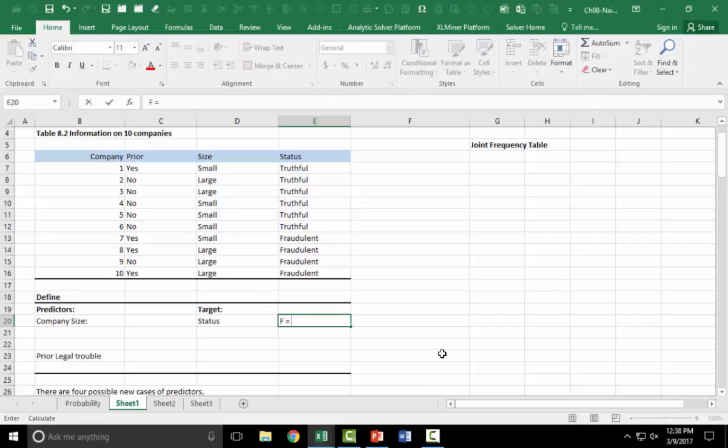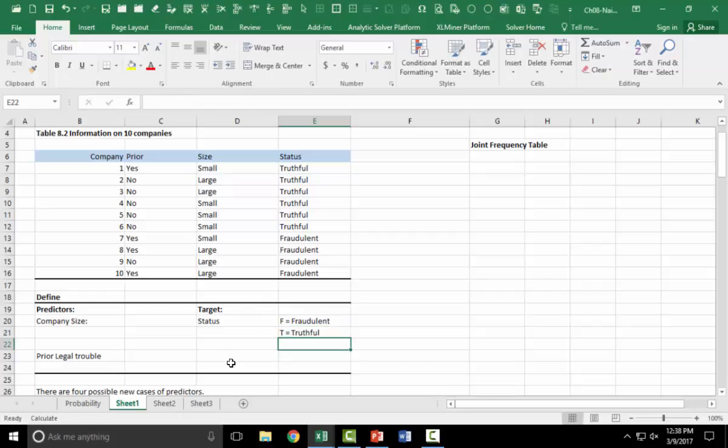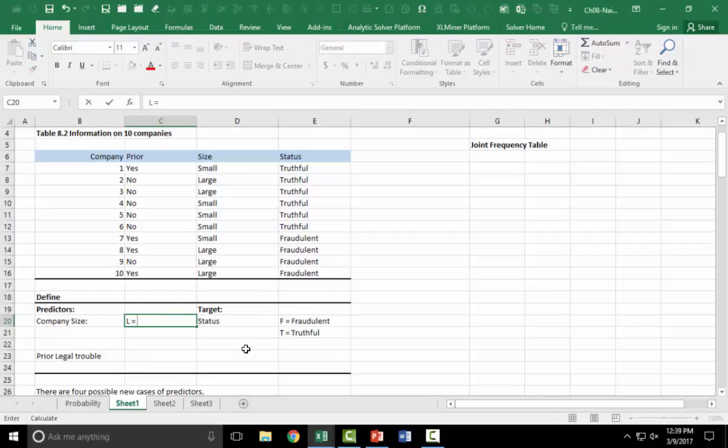So let's say we'll use the letter F to indicate fraudulent and T for truthful. There are two predictors, and the first predictor is company size, with two possible values, L and S for large and small, and for prior legal trouble we will use Y for yes and N for no.